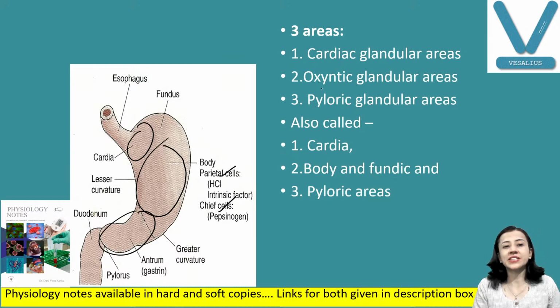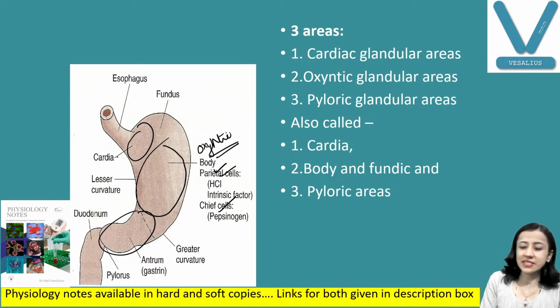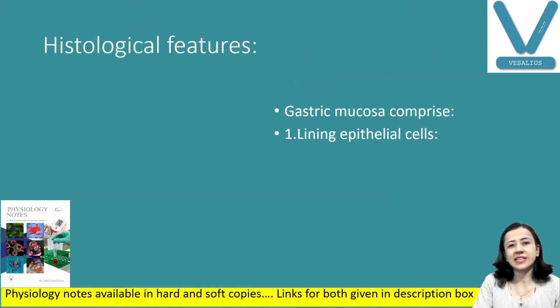So basically three areas are there, and all three areas have different glands. You can see here that oxyntic glands are present in the body part. Cardia glands are there in the cardia part.